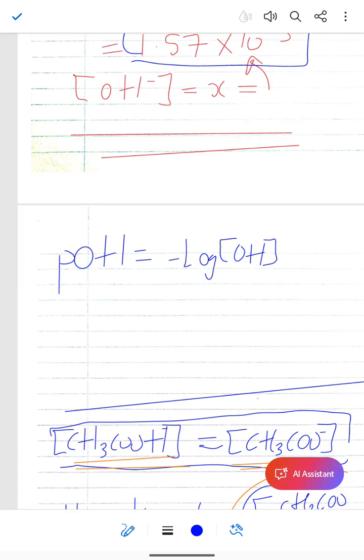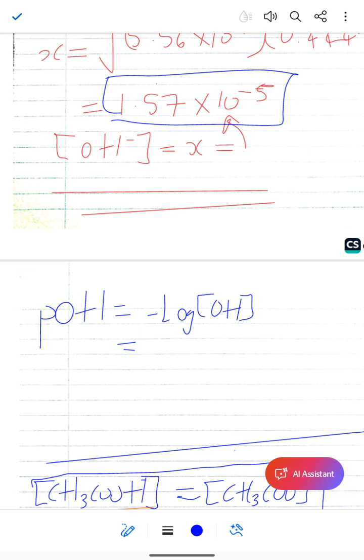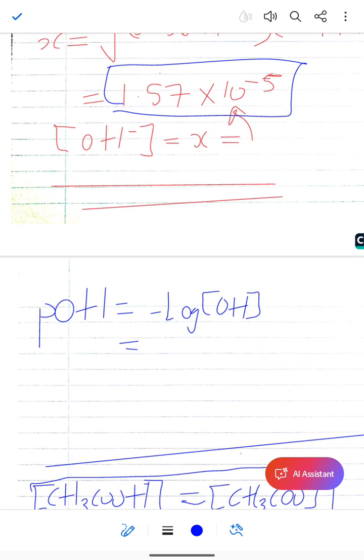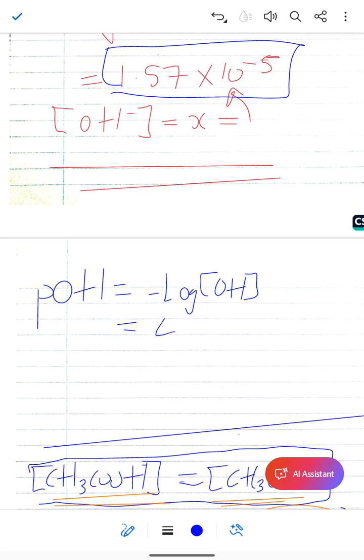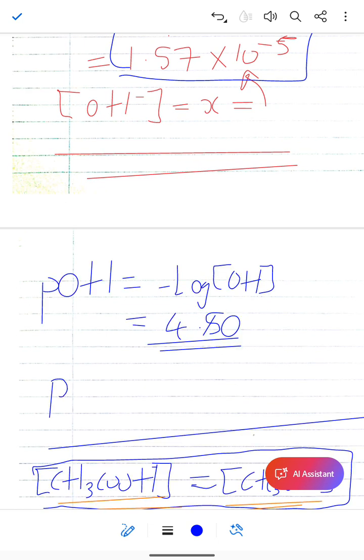Then if you slot in this concentration into this formula, you find out that the pOH is equal to 4.80, right? And then we know that pH is equal to 14 minus pOH, right?